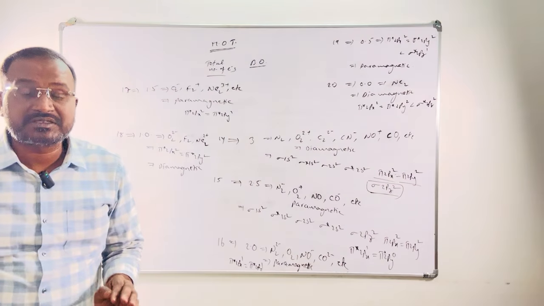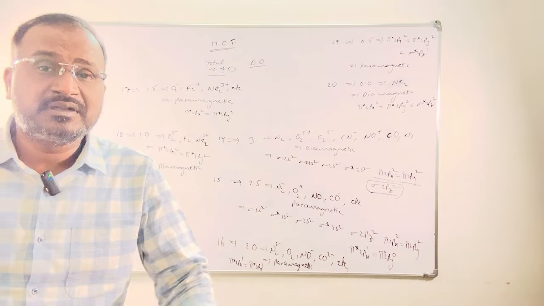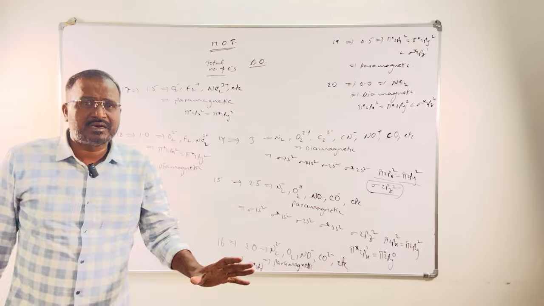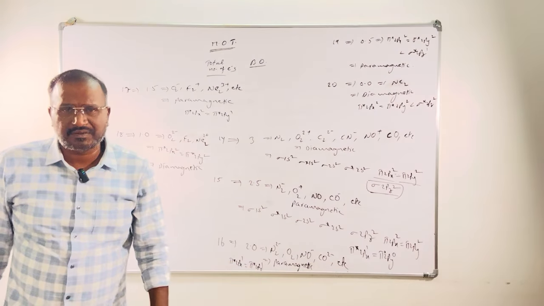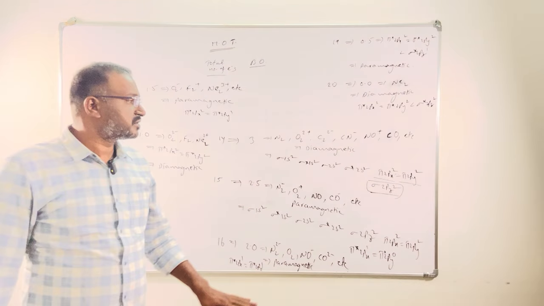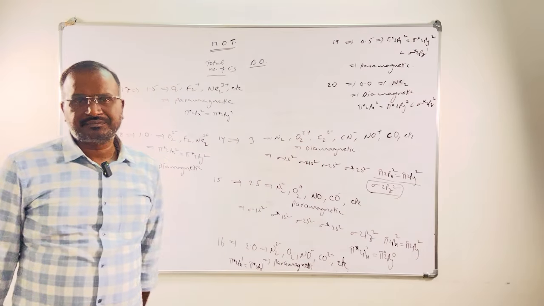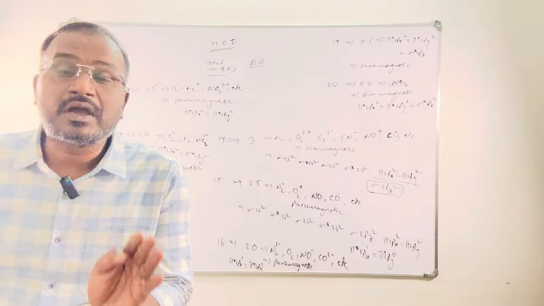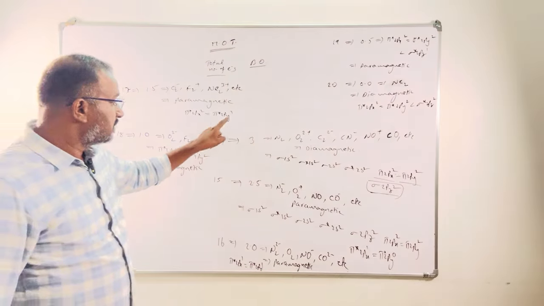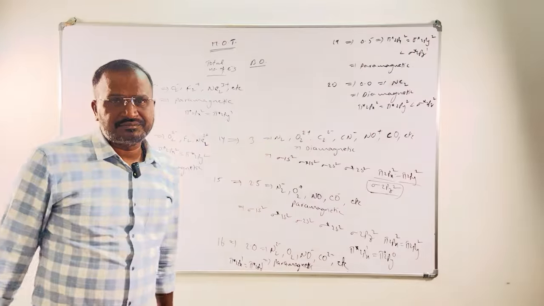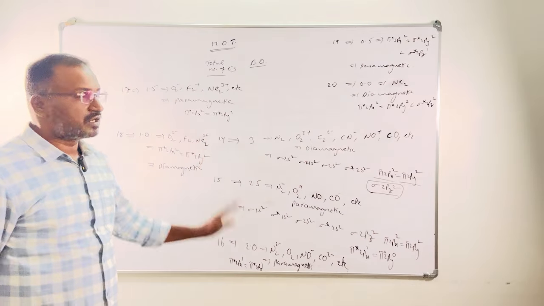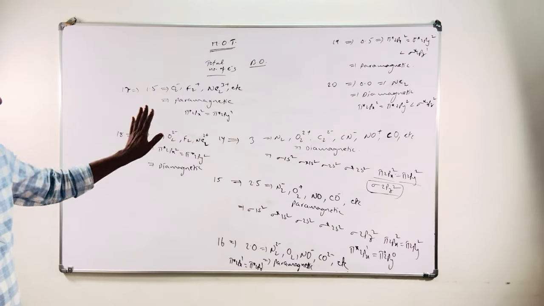If you understand this, you can easily write bond order, bond length, bond energy, magnetic nature, number of electrons, unpaired electrons, total electrons, and configuration. Listen carefully and practice by taking any example: 14 electrons, how to write 15 electrons. This is a shortcut of MOT. If you know this one, you can.